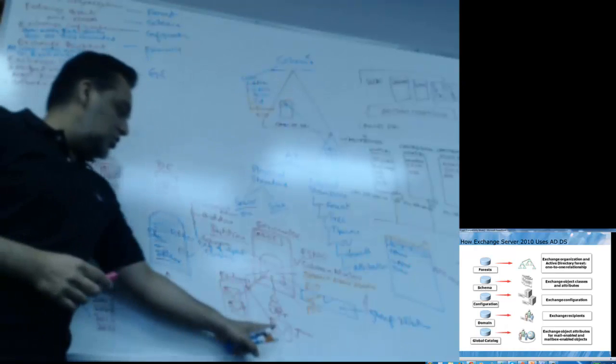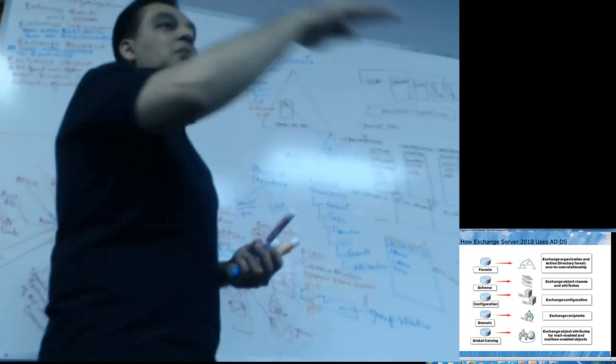Instead of giving a mailbox in the company, they say, if you have a Gmail account, let me register it in Exchange. This guy is a mail-enabled client. You don't need to give him a mailbox; he uses his own mailbox. The reason you want to register his Gmail in your company is so that people can send him emails.